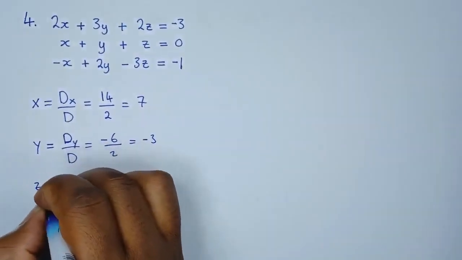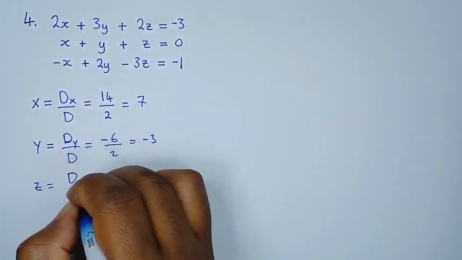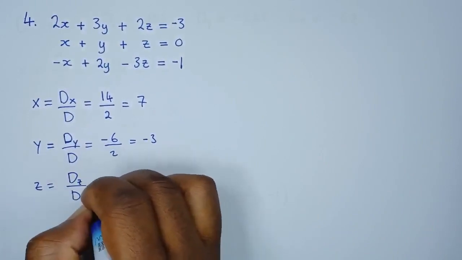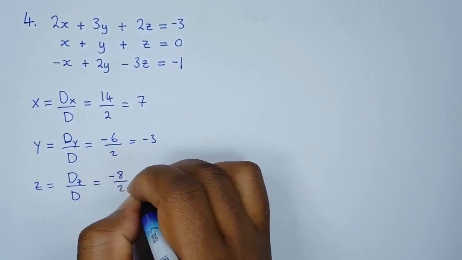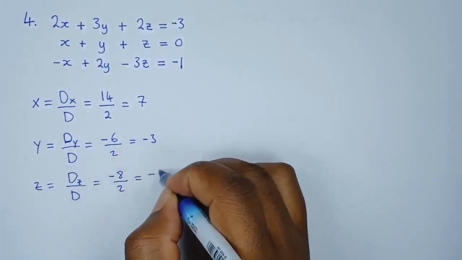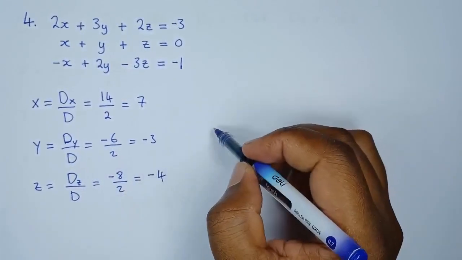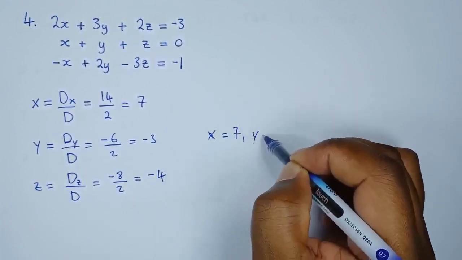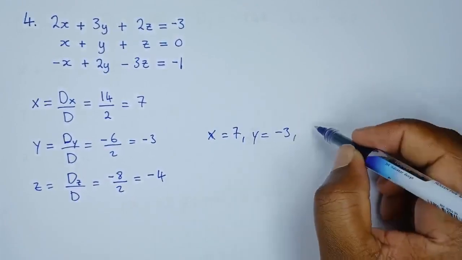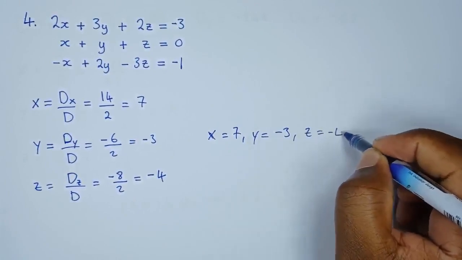And lastly, z, dz over d, the value of dz was negative 8 over 2, hence we get negative 4. So that's my solution set. x is 7, y is negative 3, and lastly z is negative 4.